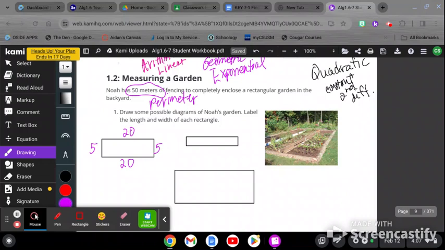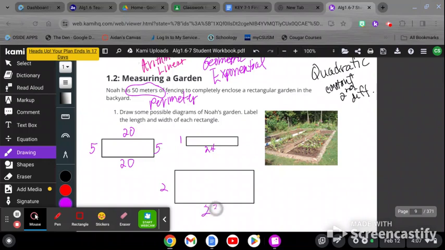If I have 25 for half for each of the length and width, what other dimensions could we come up with? Well, some people thought of the smallest dimension. So a 1 by what? You got it, 24, because we've got 25, half of the 50 to split between the length and width. What else?